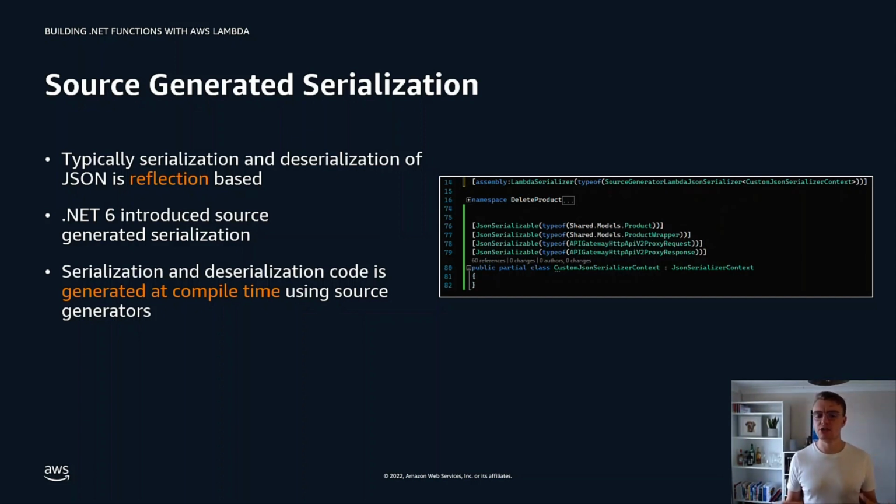So you can see here there's 4 objects that I'm asking the source generated serializer to actually use and generate that static serialization code for. A product wrapper, and then my proxy request and response. When I also define my Lambda serializer, I also need to define that as a source generated Lambda serializer and pass in my serialization context, and that way Lambda can then use my custom source generated serializer.